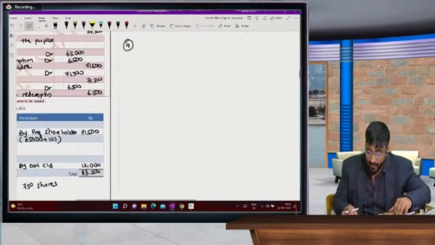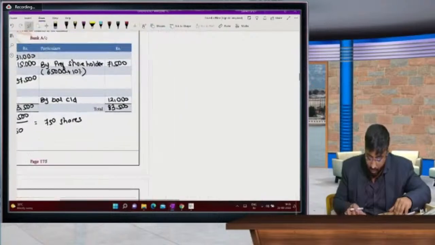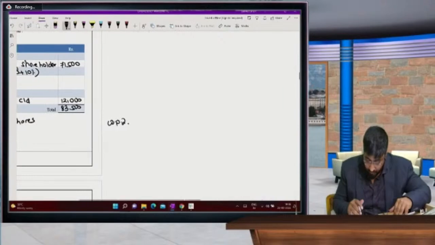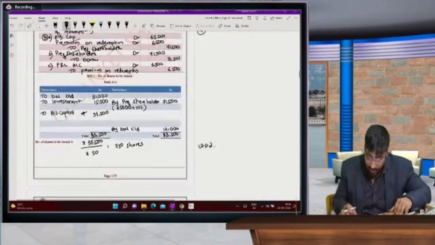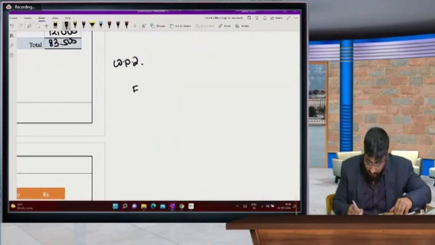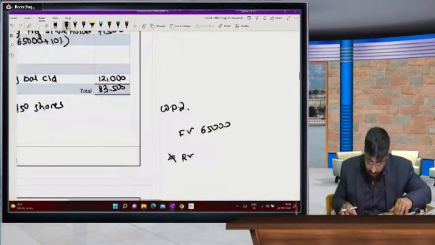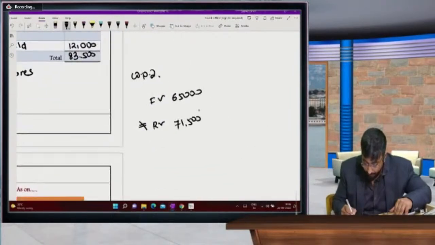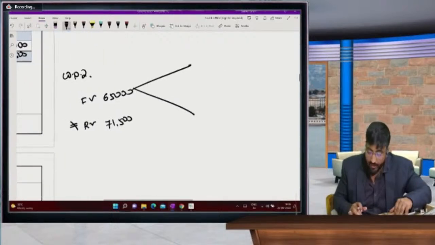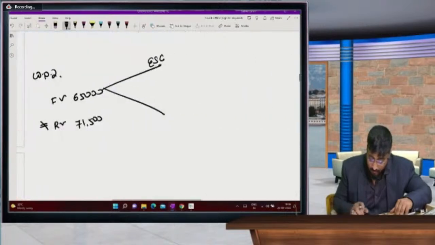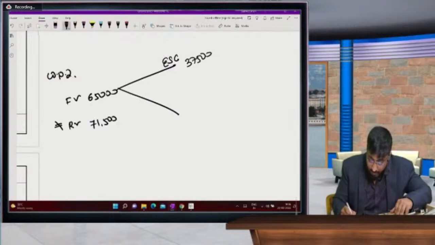Now diagram, beta. After this working note number 2, last working note. What is the redeemable value? Face value 65,000. Redeemable value is not equal to face value, 71,500. Divide it in 2 parts. Equity share capital 37,500.